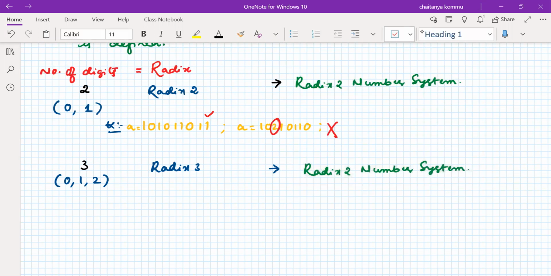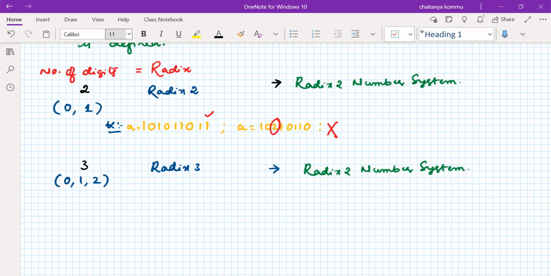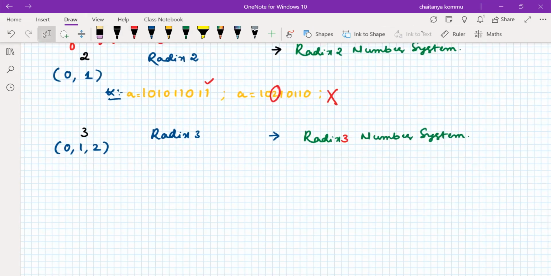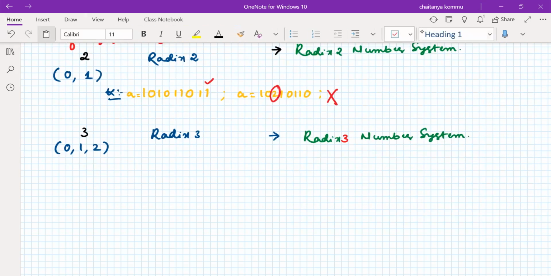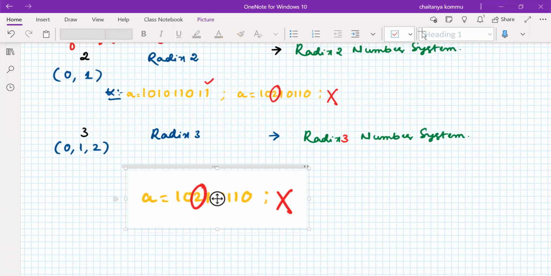Now, can we call this a radix 3 number system? Obviously, this is a radix 3 number system. There is no doubt at all. You can observe that there is no doubt. This is the radix 2 number system.